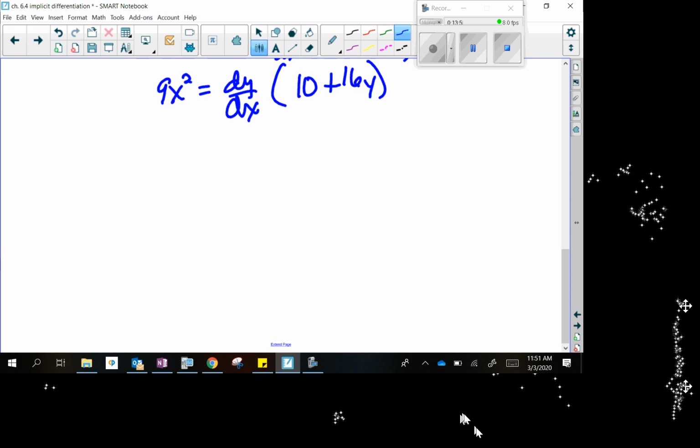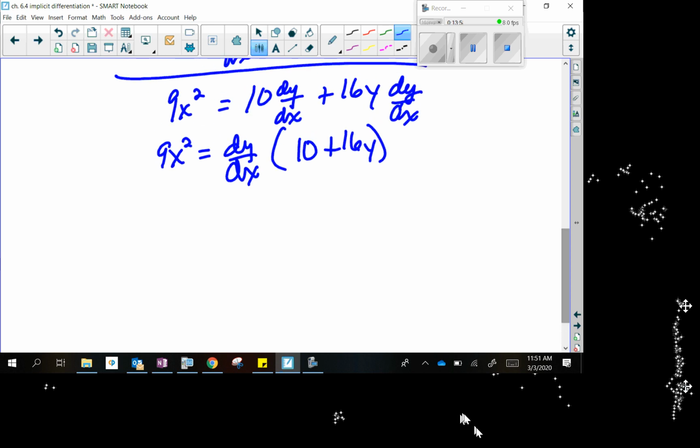Okay. And now how would we get dy dx by itself? Divide by 10 plus 16y.